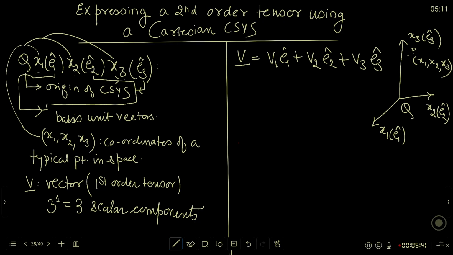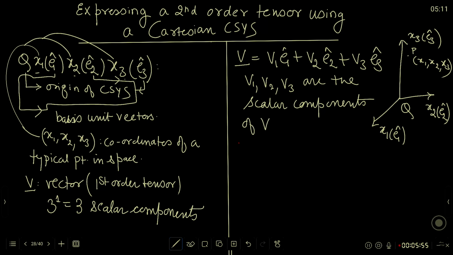Right, where v1, v2, v3 are the scalar components of V along E1, E2, E3 unit vectors.